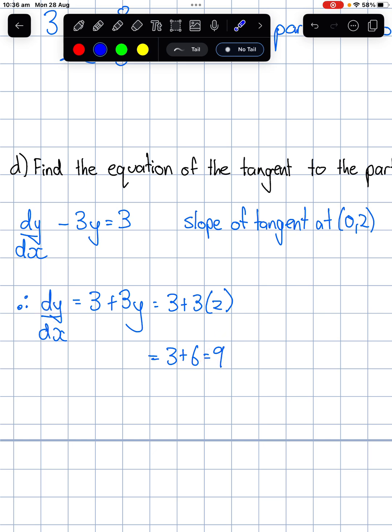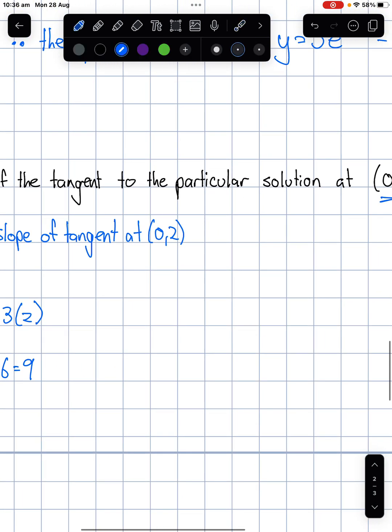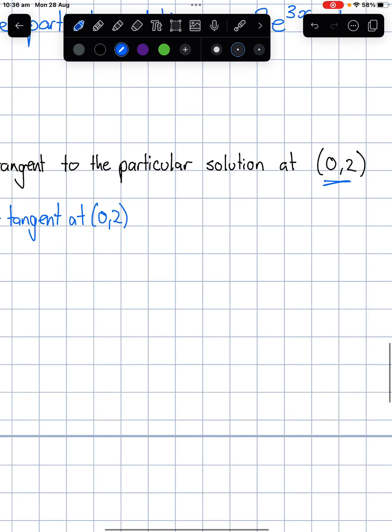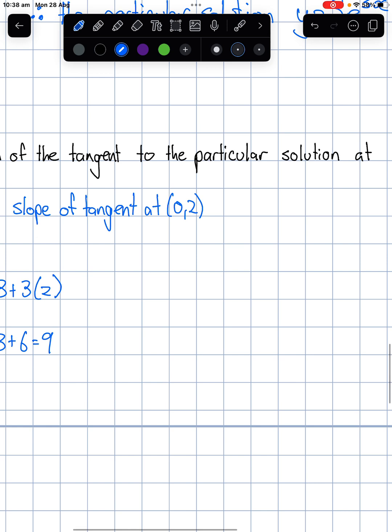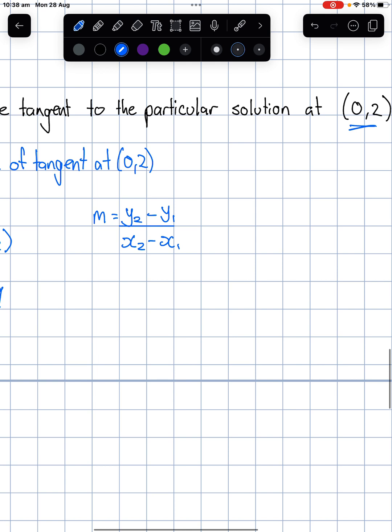So we've got a gradient of 9, and we've just got to figure out the equation of the tangent. Now I'm going to use a slightly different equation here. We've previously done slope equals y2 minus y1 over x2 minus x1. Now this is the rise over run formula. In this particular one, we are given that 9 is our slope.